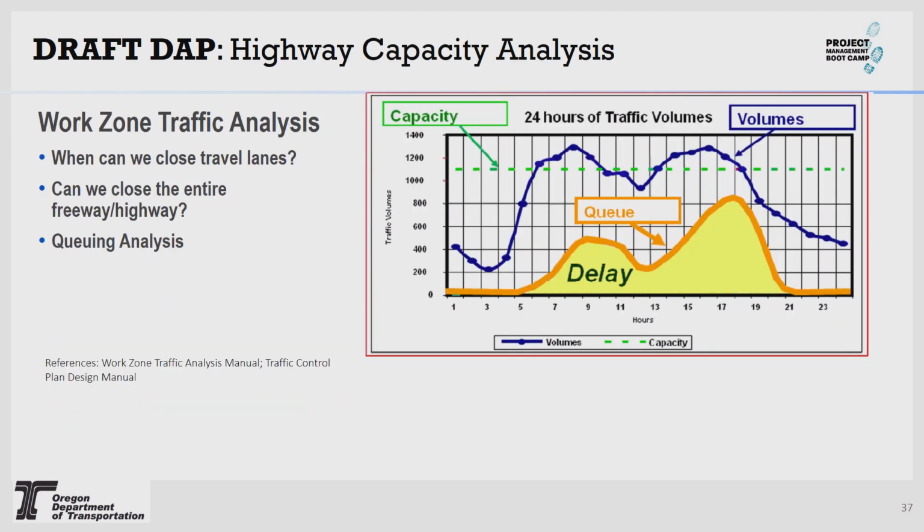One part of traffic analysis is highway capacity analysis. We need to know what the capacity of that highway or work zone is, and if the capacity is higher than the demand, obviously we can accommodate that. But many times when we close the lanes, the capacity will be significantly reduced.